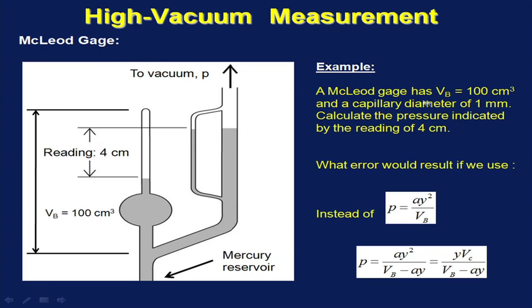So, McClure gauge has volume V b equal to 100 centimeter cube. So, this entire volume is 100 centimeter cube and the reading is 4 centimeter. So, let us see how much pressure is indicated, and this can be computed by these two equations.